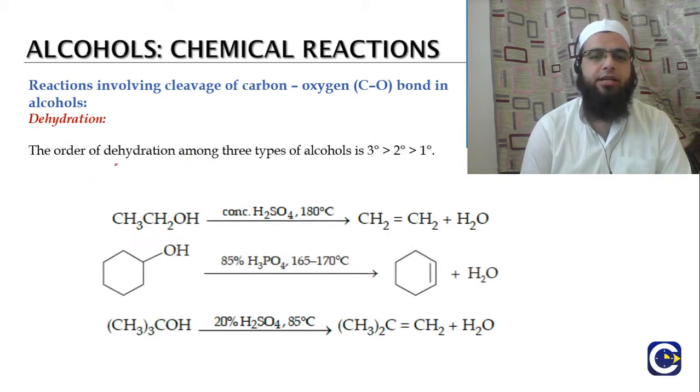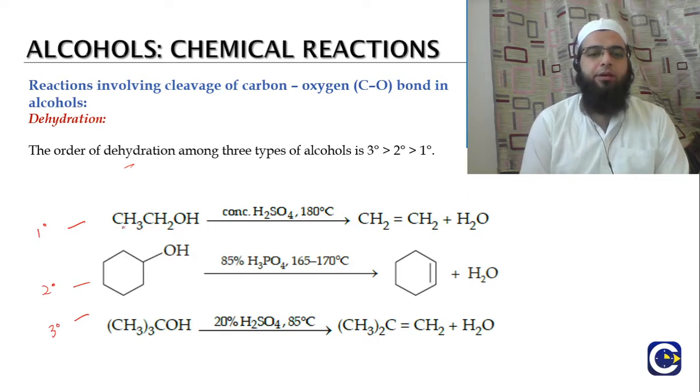In this dehydration reaction, there is a different order of feasibility for different alcohols. If we look at these three examples, this is a primary alcohol, this is a secondary alcohol, and this is a tertiary alcohol.